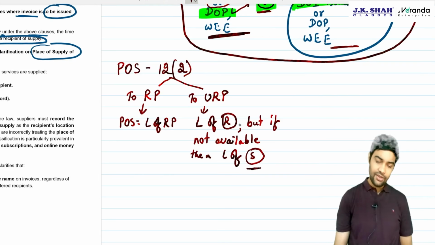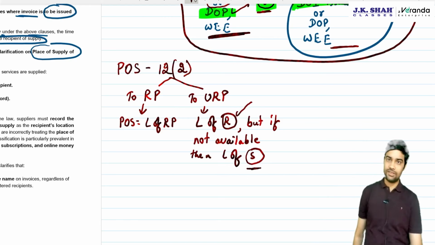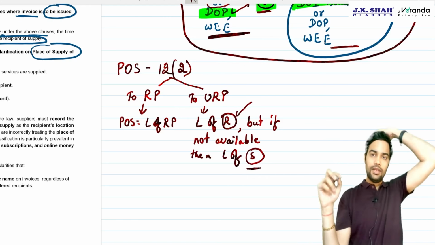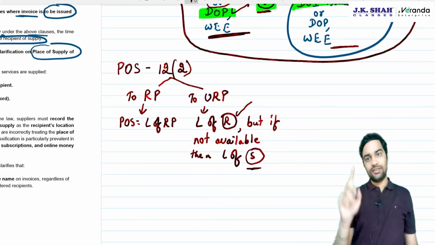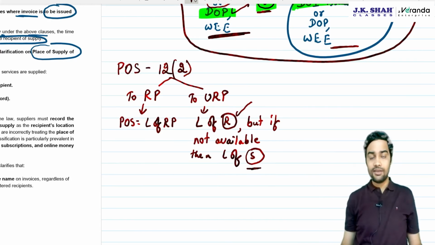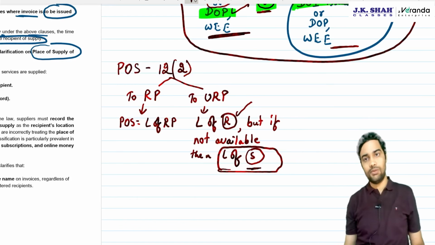They used to say we don't have the location of the recipient. Now, if they say we don't have the location of the recipient, then what would be the place of supply? The place of supply will be the location of the supplier. In that case, if they adopt this, then there is a problem.